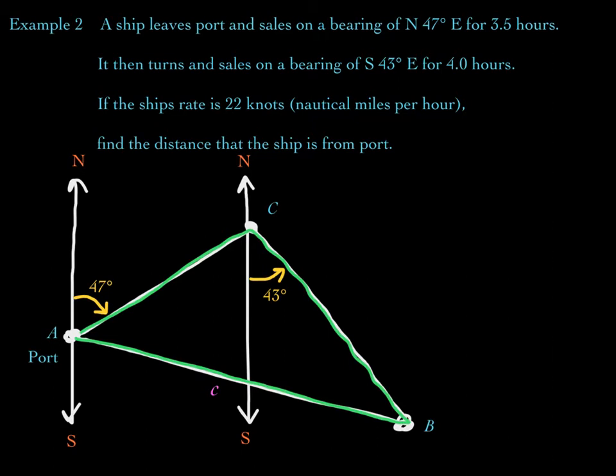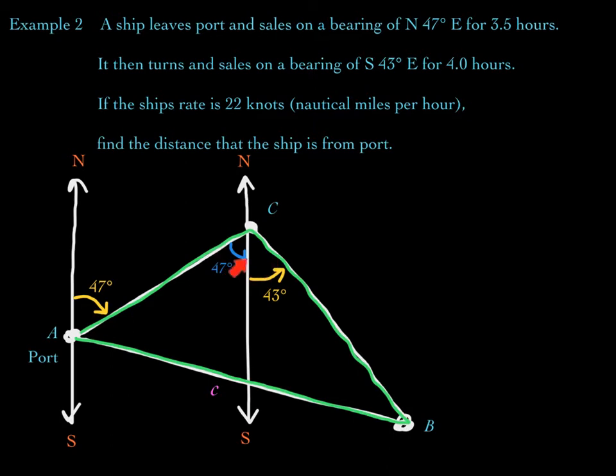That means this angle here must be 47 degrees because this angle and this one are alternate interior angles. They're on opposite sides of the transversal and they are within the parallel lines. And now look what we have. 47 plus 43 is 90.